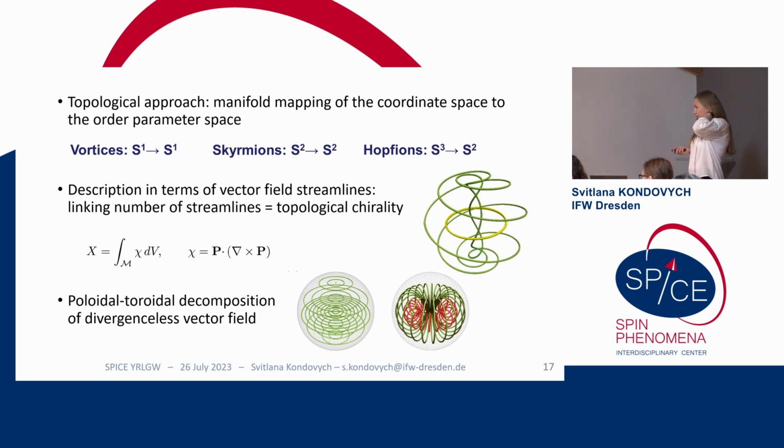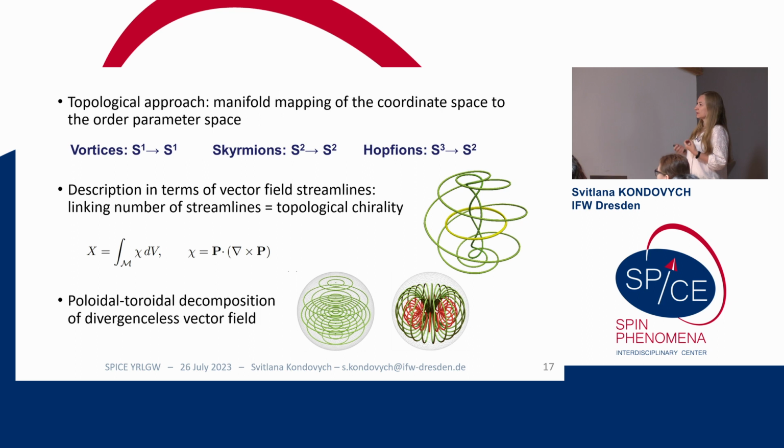Some hints of what is actually used: first, this is a mapping of the coordinate space to the parameter space, magnetization or polarization. The example is usually shown for skyrmions, when you map the hedgehog on a surface. You can do that similarly for different types of topological excitations. Vortices are super easy.